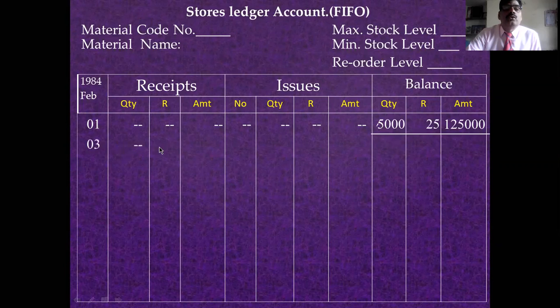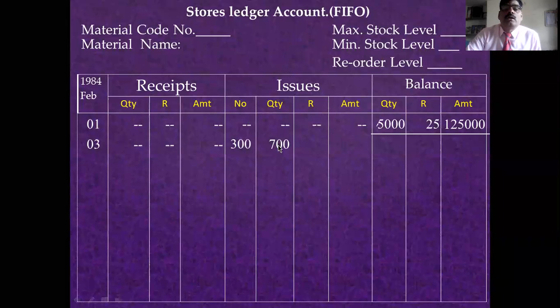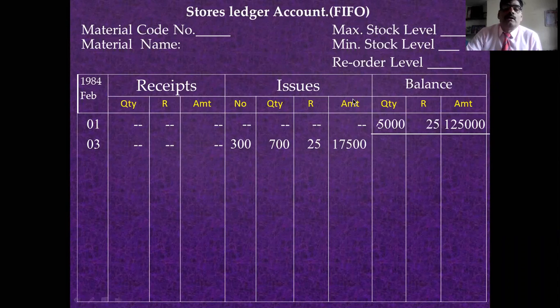You underline and issue it. Issue is job number 300, quantity 700, rate is 25. There is only one lot, so the method point will not arise. Amount 17,500. Balance is 4,300 at rate 25, 1,07,500 is the balance.